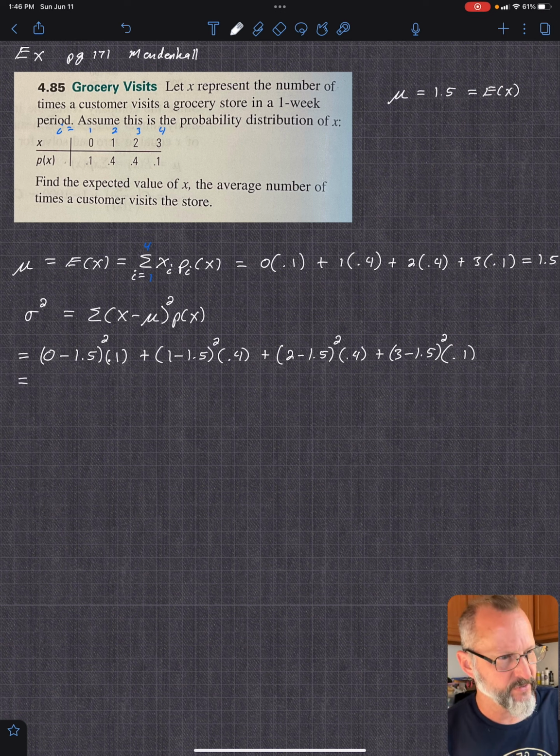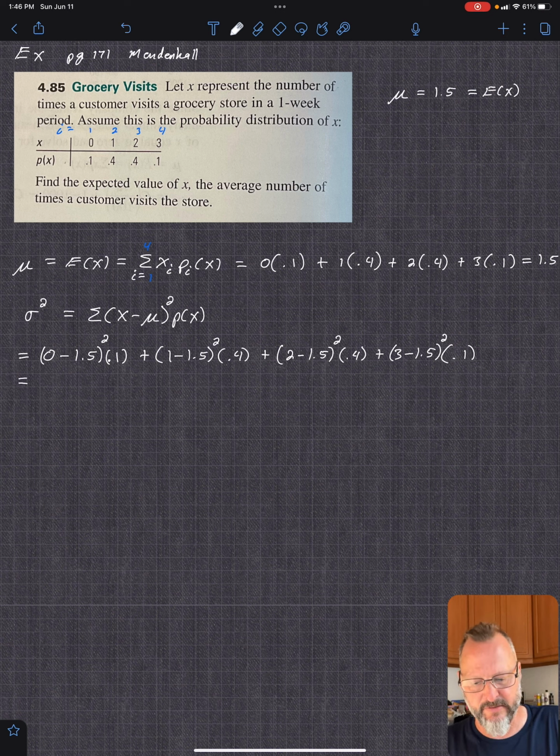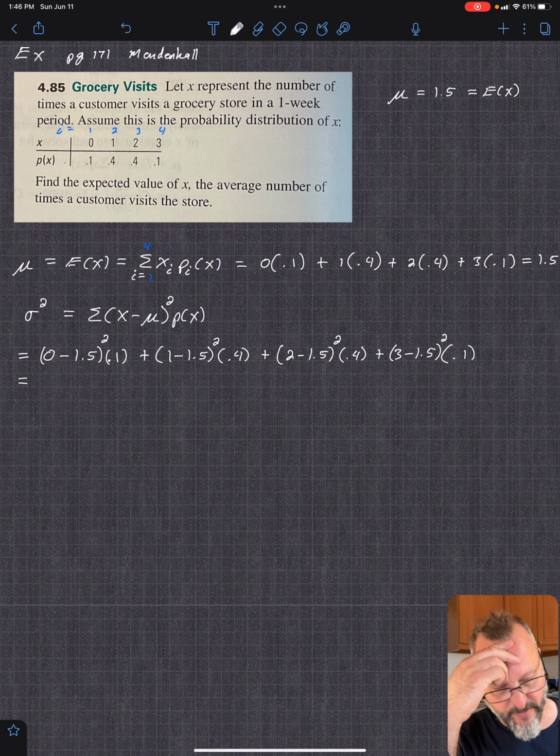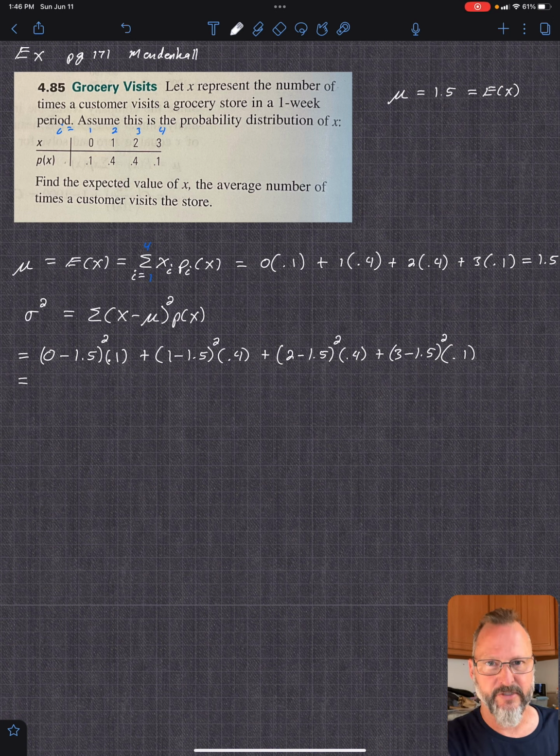What I'm going to do is go ahead and use the calculator and do it really by hand and see what we get. I'll tell you what I'm typing in. Probably easiest to just type it in like this.